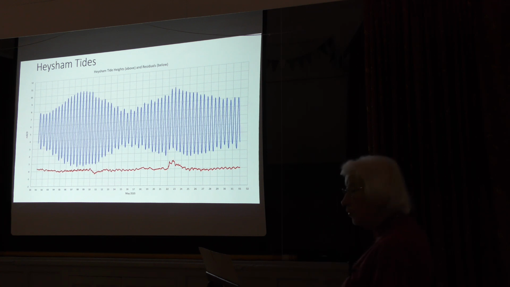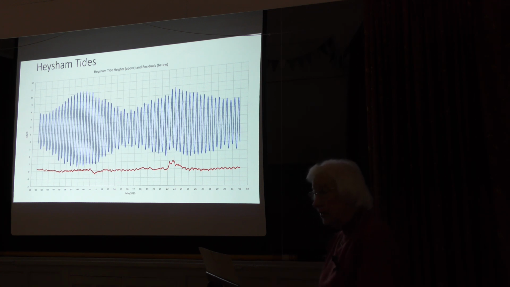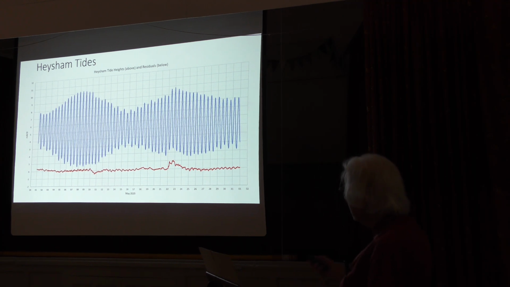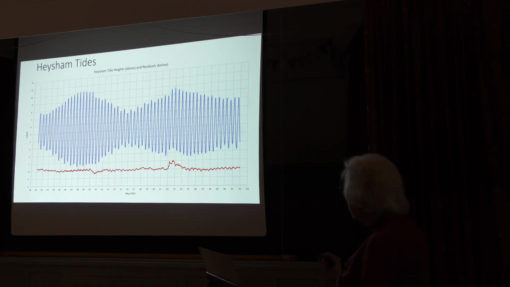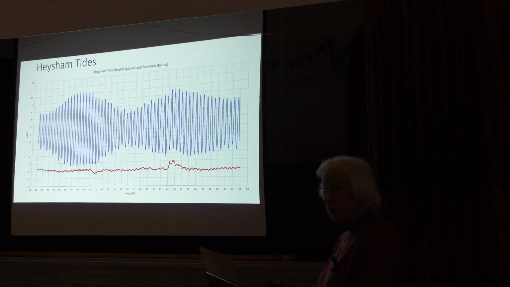These include both the predicted tide, which is an astronomical tide relating to the moon, as I've said, and also other astronomical bodies. But the actual tides also include meteorological effects. So the line at the bottom is called a residual, which is the red line here, and this is showing the difference between the predicted tide and the actual tide which occurs.